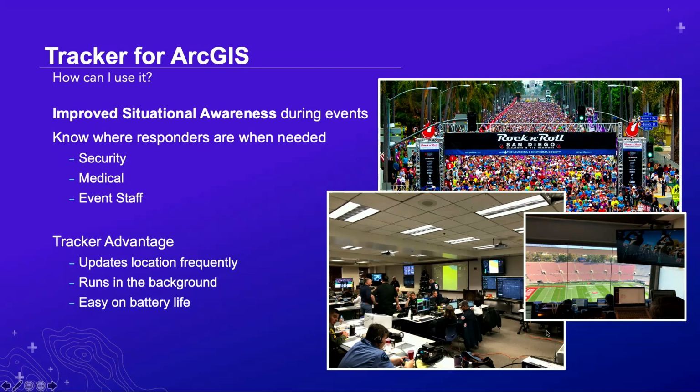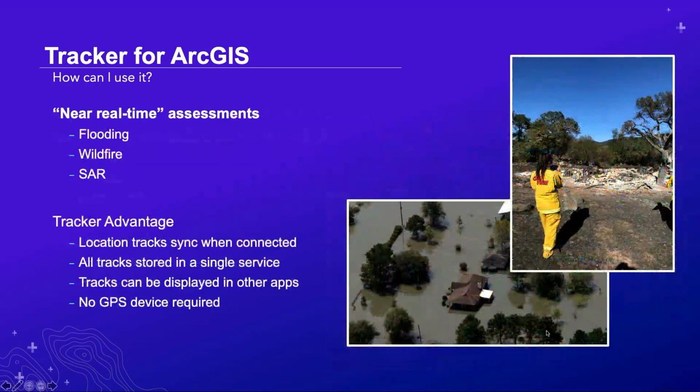And I'll go into some details a little bit later on about how we do that. So improving situational awareness in real time is a key driving use case for Tracker for ArcGIS. And we have a number of customers that are using it today, and you can see through these photos some key areas where that's actually taken place.